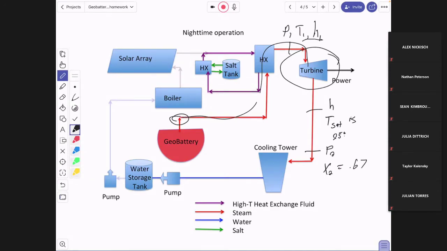That tells you where you're going to end up in terms of the enthalpy here. So what you need to do in this problem is take this turbine and say, okay, I know the enthalpy here because I know the pressure and temperature of this. And I know the enthalpy here because I've been given the state, P2, T2, and the quality. So I'm under the dome, right? I'm going to fall under the dome.